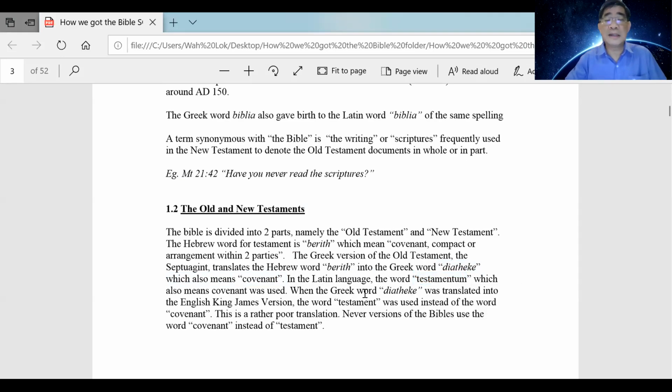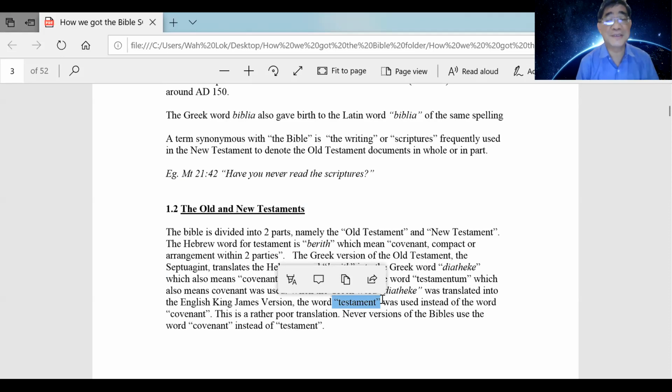But when they translated the Bible into English, they transliterated from Latin, and so they used the word testament. Remember, in Latin testamentum means covenant, but when they translated into English they used the word testament, which means covenant. So we end up with the New Testament and Old Testament.